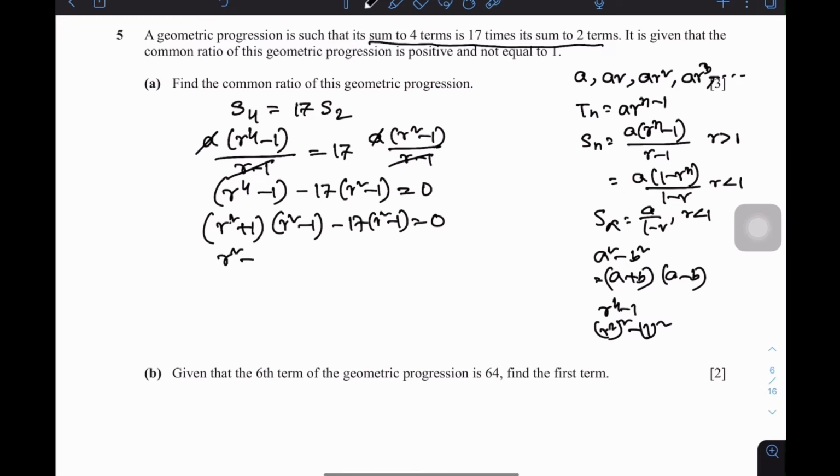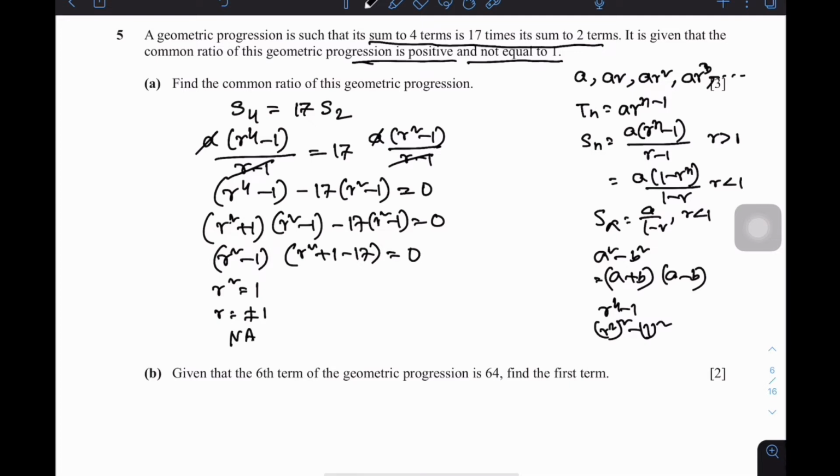Now we can take r square minus 1 as common, then r square plus 1 minus 17 equals to 0, and r square equals to 1, r equals to plus or minus 1. Since progression is positive, and not equals to 1, we cannot accept this, because r is negative 1.